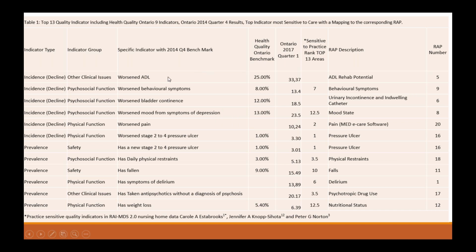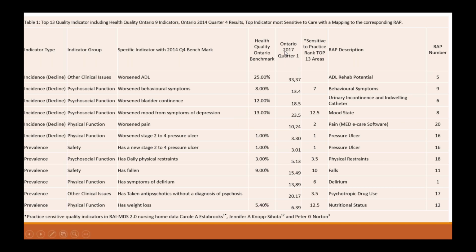If you look at the worsened ADL score, that worsened ADL is the one that measures the early loss ADLs, the mid-loss ADLs, and the late loss ADLs. So there are 7 items altogether, and it can be scored from 0 up to 28. You see here that Health Quality Ontario has said that they want to work towards a benchmark of 25%.